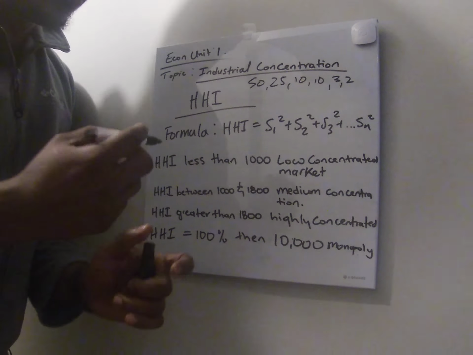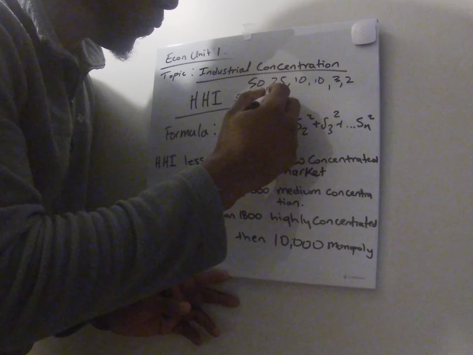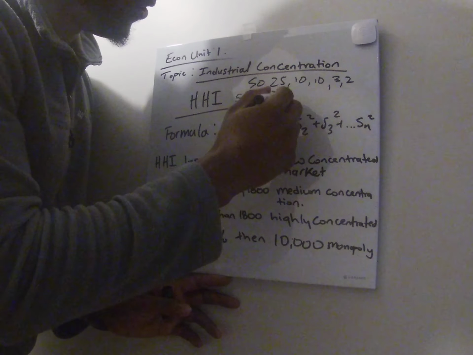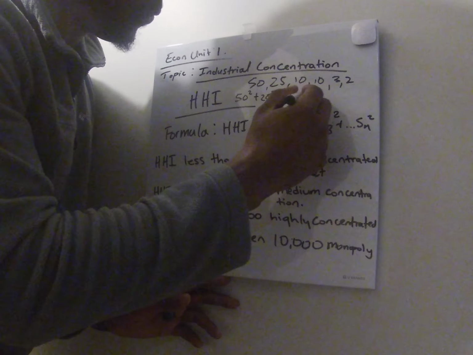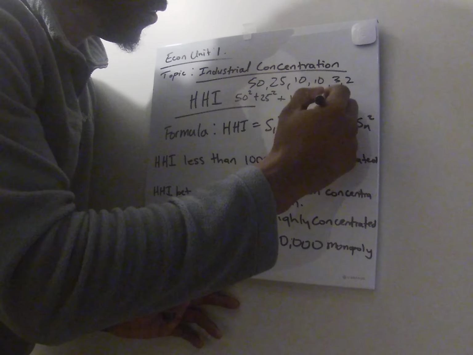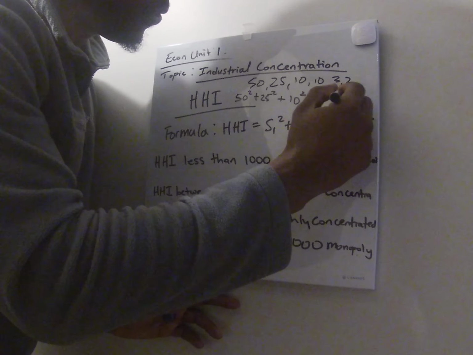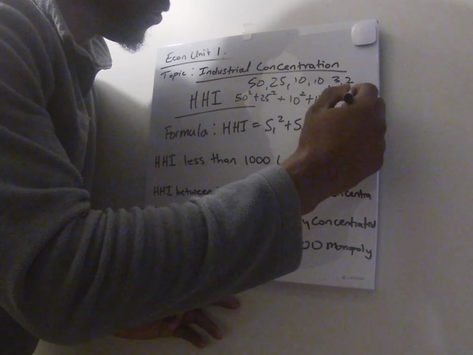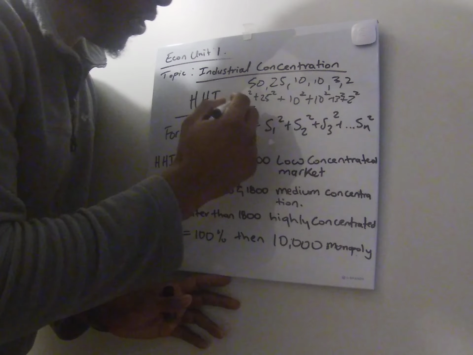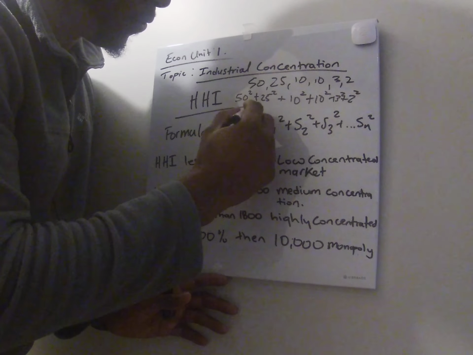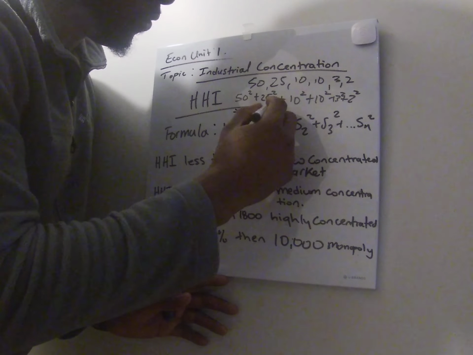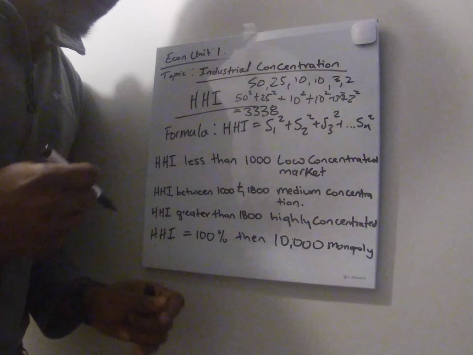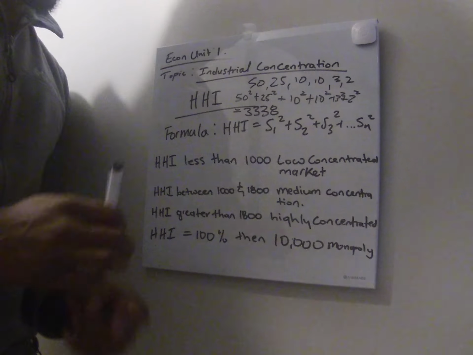So what we'll do is 50 squared plus 25 squared plus 10 squared plus 10 squared plus 3 squared plus 2 squared, and that would equal 3,338.